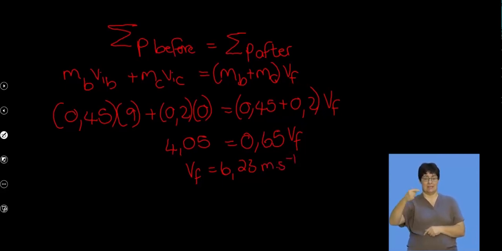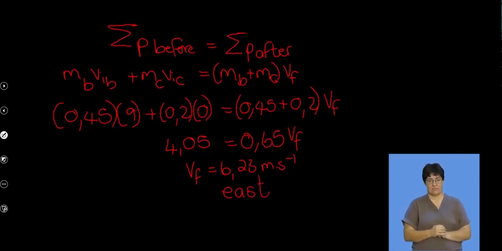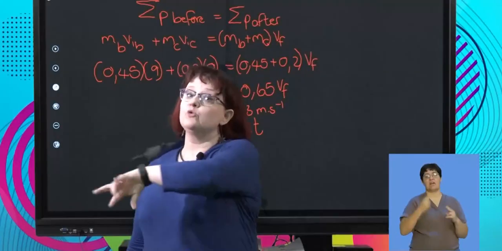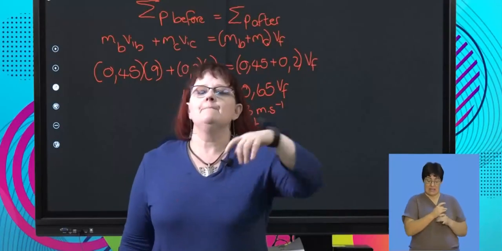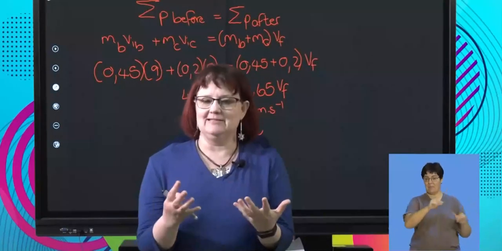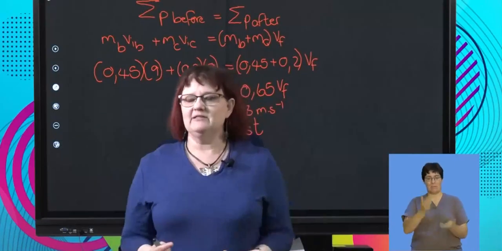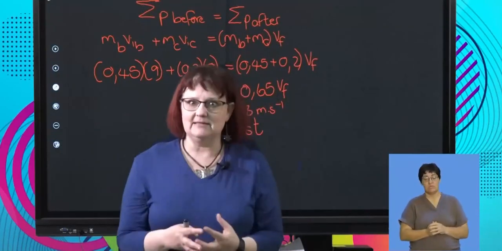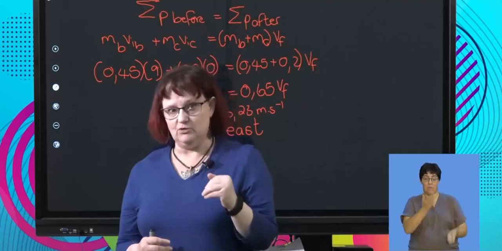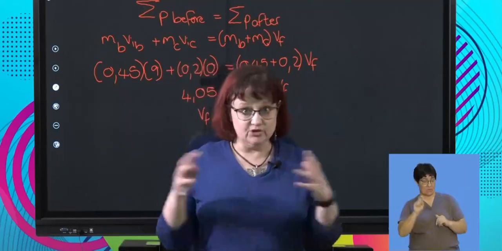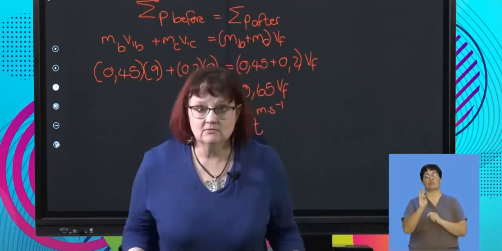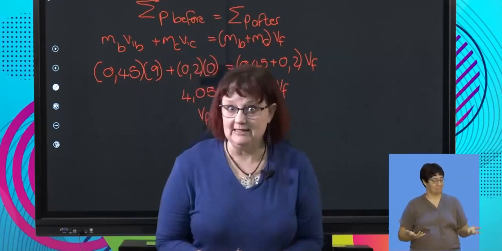It's still positive, so it is east. I expect the final velocity to be smaller than the ball's original velocity because the total mass has increased. Okay, and the momentum's got to stay the same. So if the mass increases, velocity needs to decrease. Otherwise, the momentum will change size, which is not something we can do.